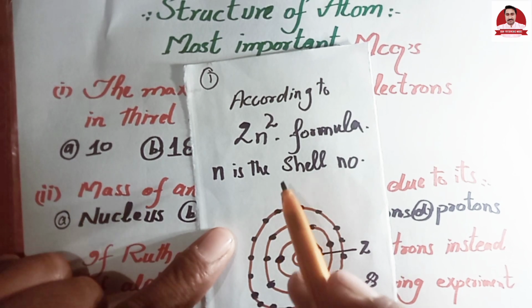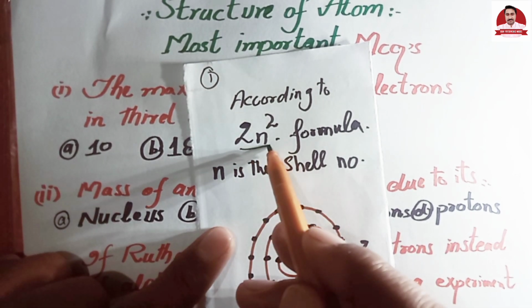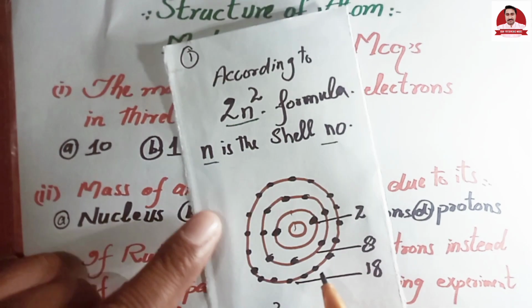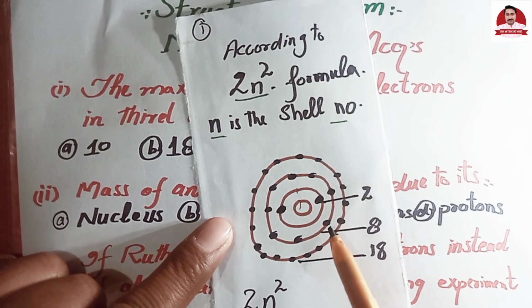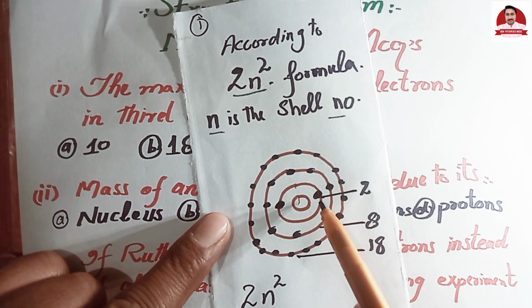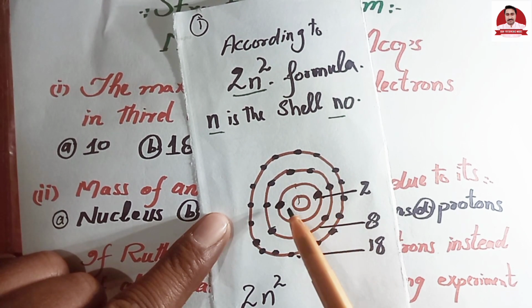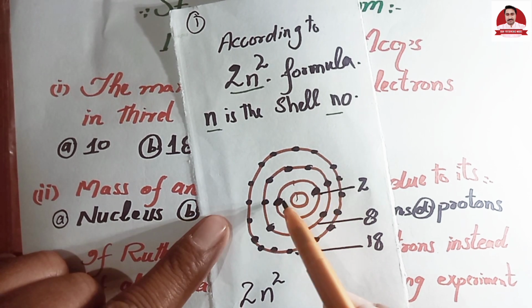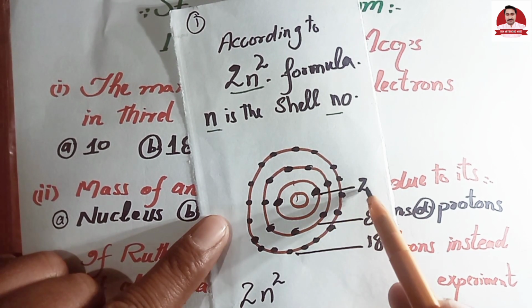In any shell we can accommodate electrons. N is the shell number, and here we have a diagram of an atom. That is the first shell. According to the 2n square formula, the first shell has a maximum of 2 electrons.